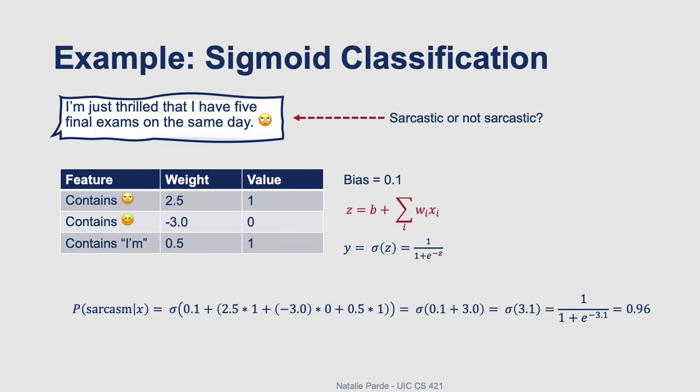This would be simplified to the sigmoid of 0.1 plus 3, or the sigmoid of 3.1. If we pull out a calculator and work that out, we end up with a resulting probability of 0.96.